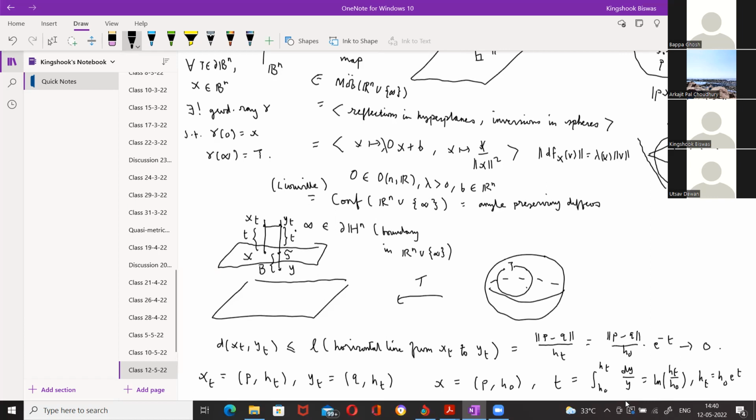So I'll get a sphere like this, which is tangent to the boundary at xi. If I take any two points on this sphere, then for the rays joining them to xi, the distance goes to 0 exponentially.